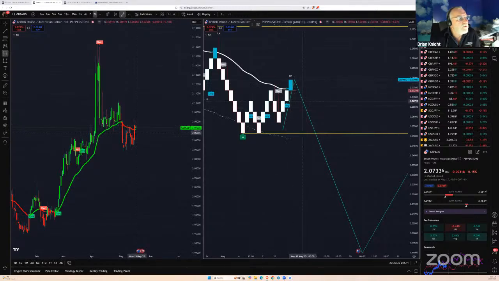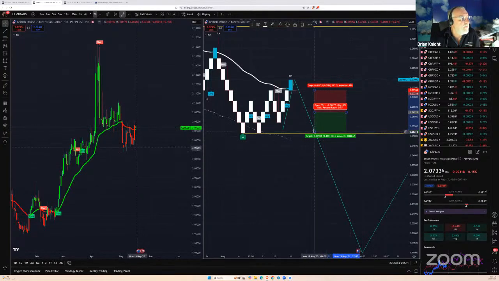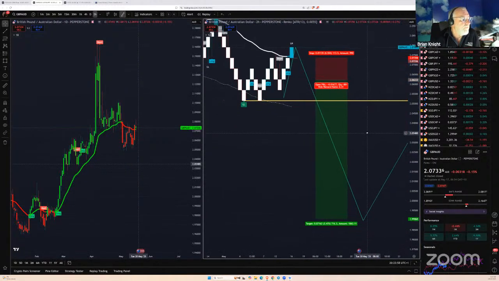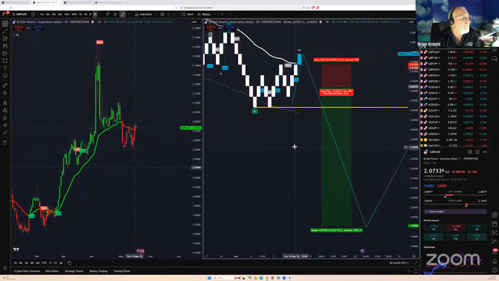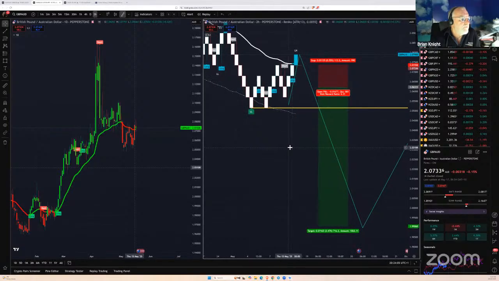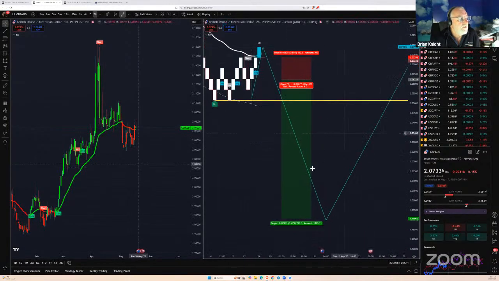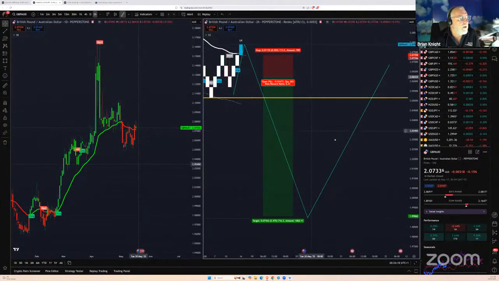This could be a short at this point here. There's a breakdown there. If you were to put, say, an entry there, stop there, back down. That's like a massive amount, isn't it? See it coming back off there, back off the rate cut.